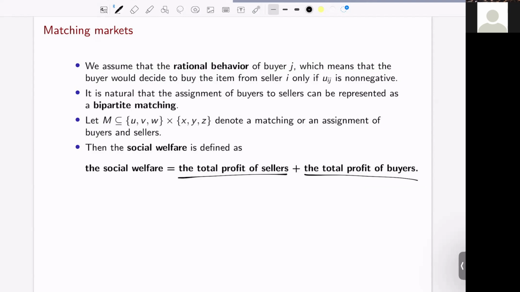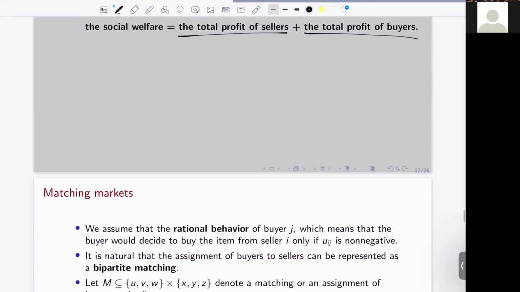Google may want to just make sellers happy or buyers happy. They can have different objectives. Because for social media platforms, I guess the number of users is the key objective, whereas search platforms might have different business values. Anyway, for today, we are interested in maximizing the social welfare.